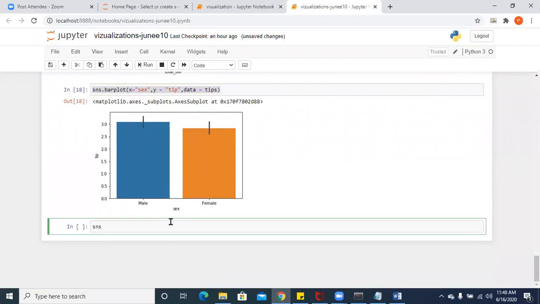So SNS dot boxplot of x is equal to size, y is equal to tip, data is equal to tips.